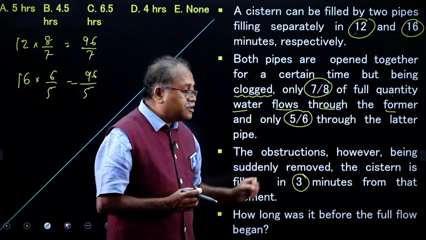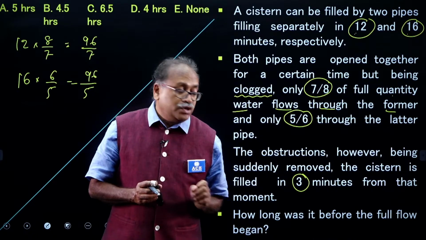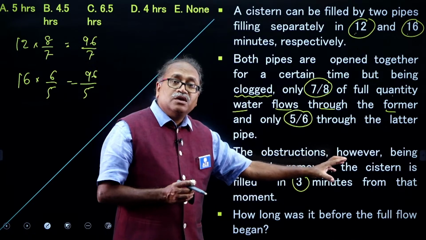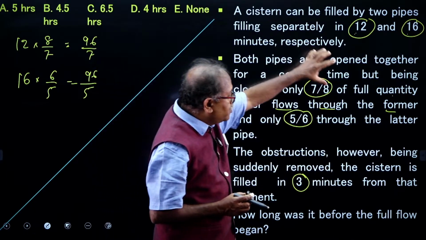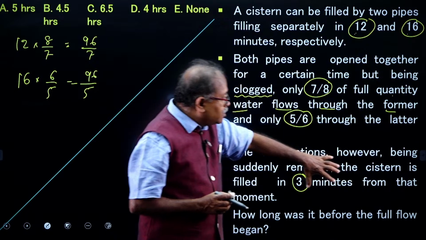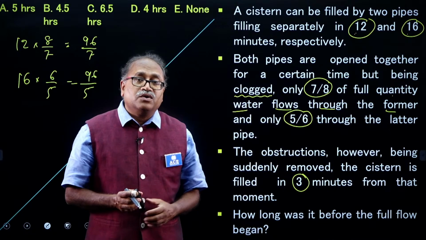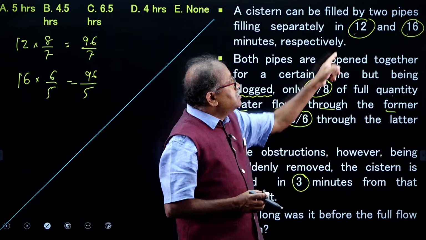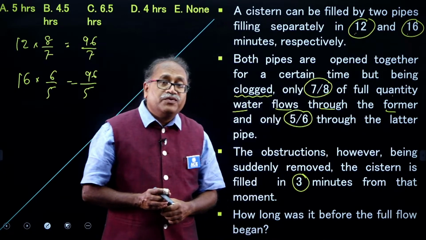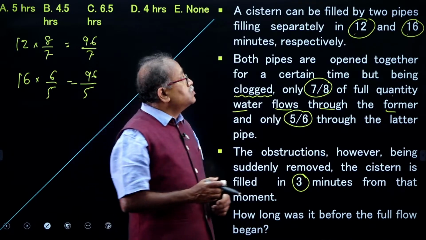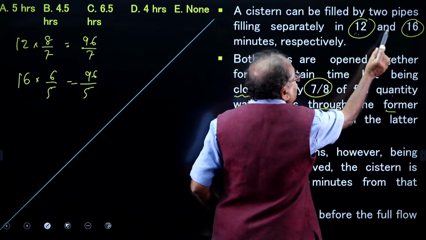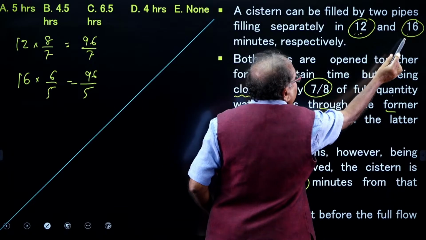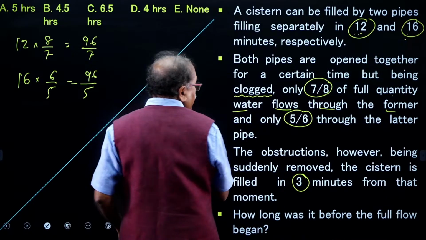The last 3 minutes, it was flowing with its full flow. So, that means in the last 3 minutes what part of the tank will be filled, and that is together will fill in 12 into 16 by 12 plus 16, which is 28.